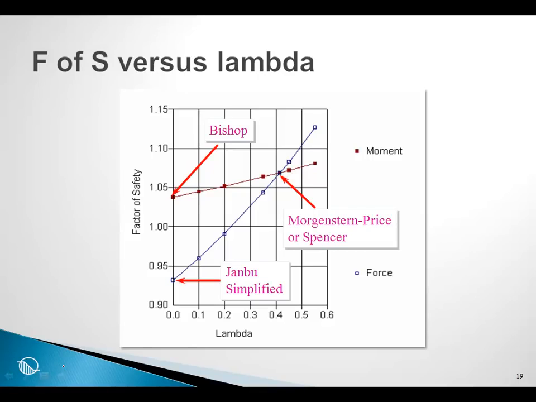Jumping ahead a bit then, we produce what we call a GLE plot. It's a plot of factor of safety versus lambda. Lambda is a representation of the interslice shear. If lambda is 0, no shear.